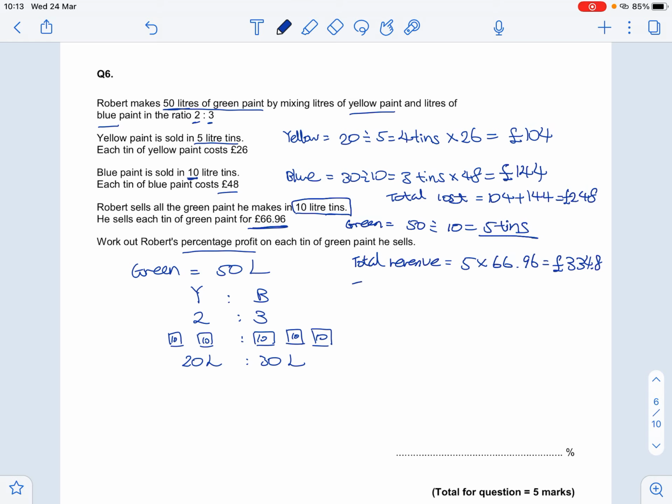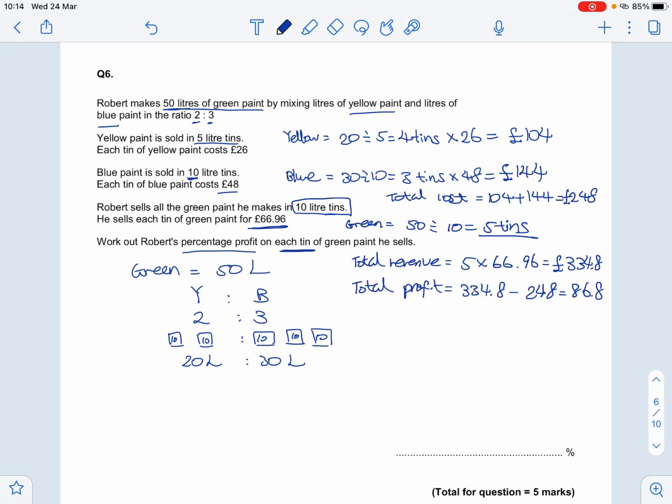Then what's his total profit? It's going to be the total revenue minus the total cost, which is 86.8. But we need to work out the percentage profit on each tin.